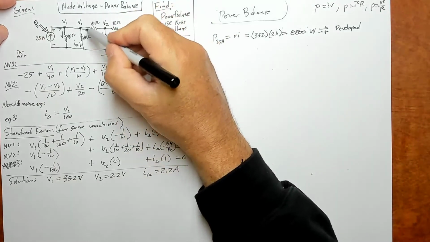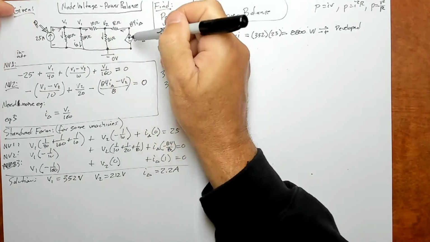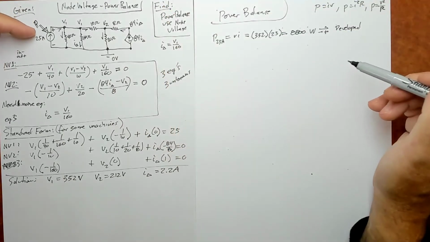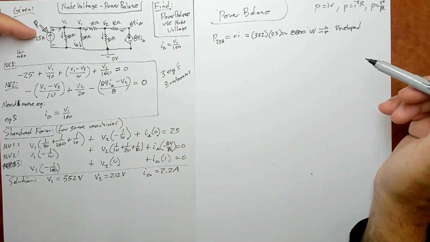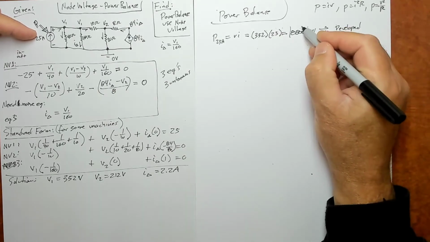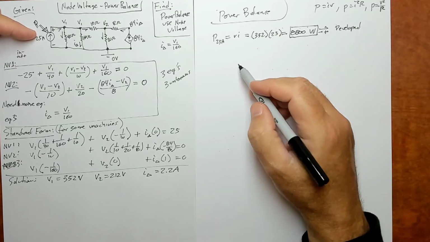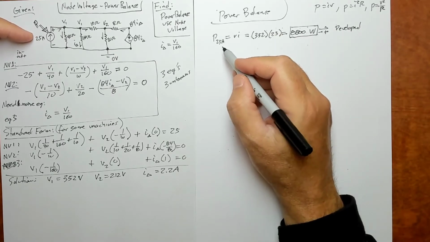And all these other resistors, power's leaving the circuit as heat. This one we don't know yet, but we know now that the power's coming into at least this device. So yeah, that's an answer. Let's put it in a box so we can find it later, because we're doing a power balance, right? Then what do you want to do?